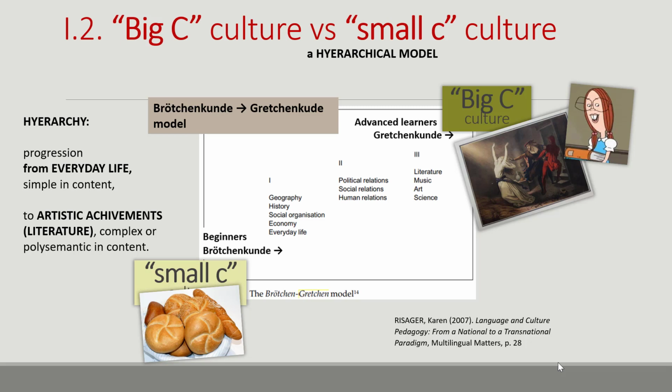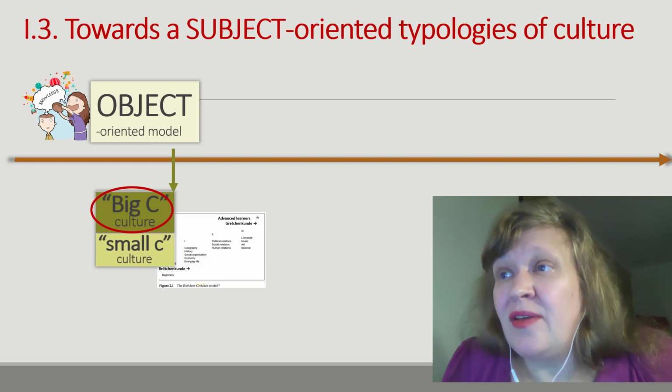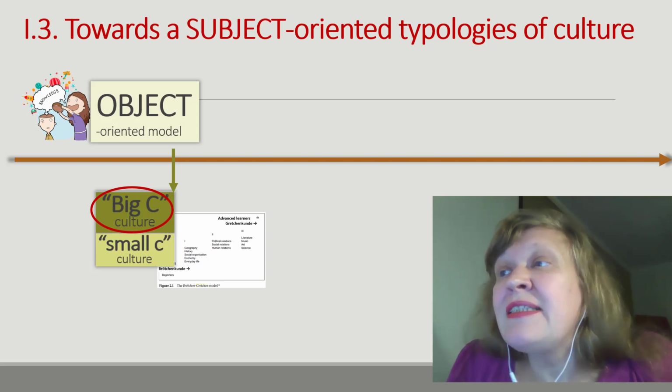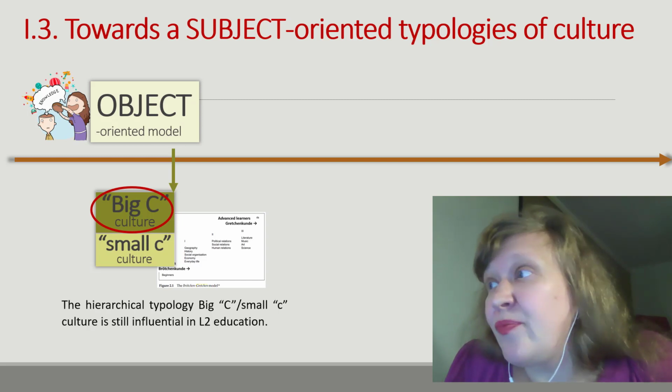Within this model, the goal of studying German is to understand artistic achievements of the German nation and, above all, works of literature. The hierarchical typology, big C, small c culture, is still influential in second language education.